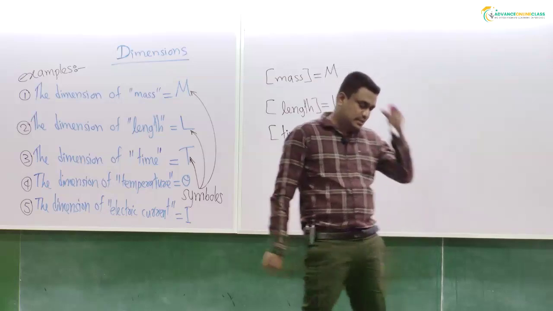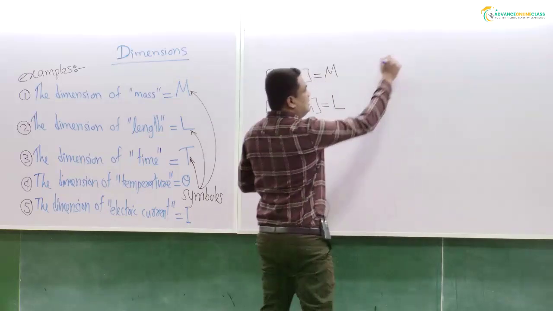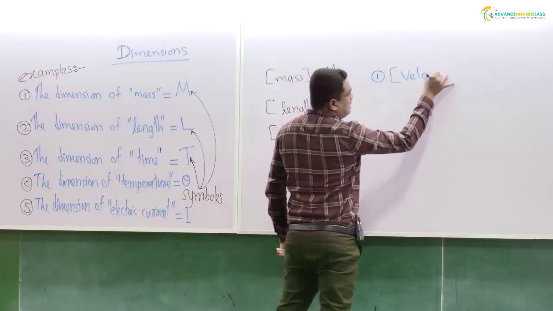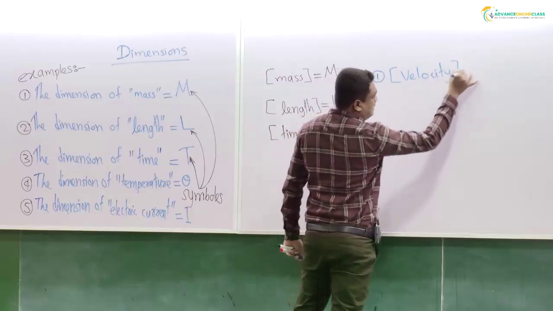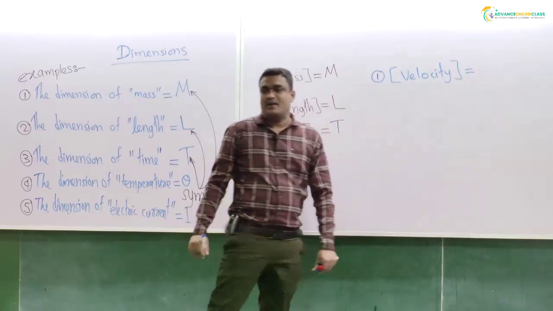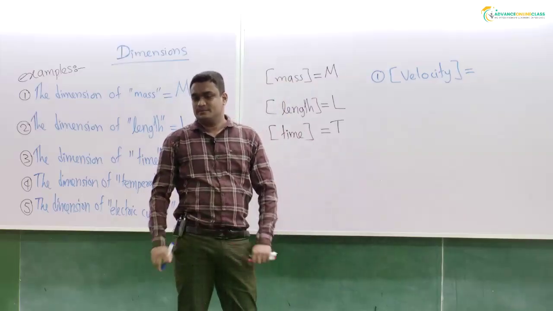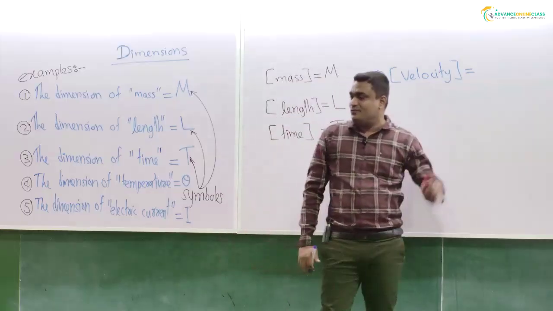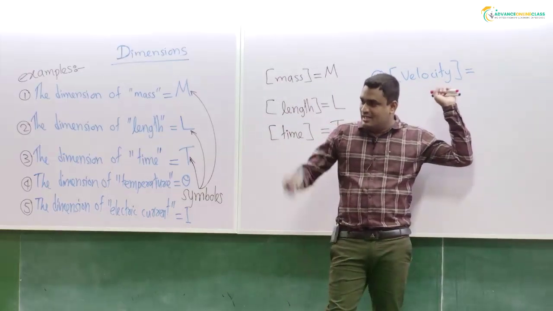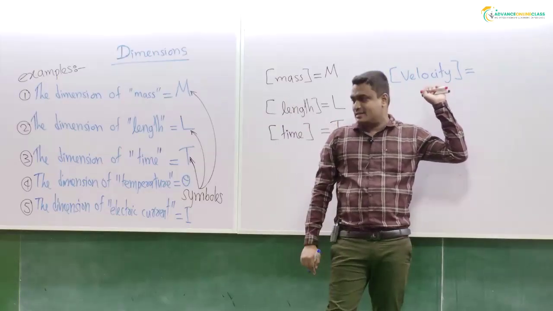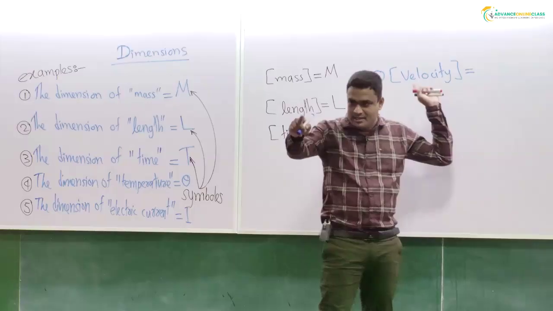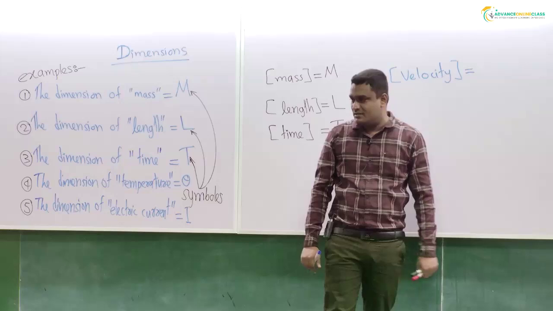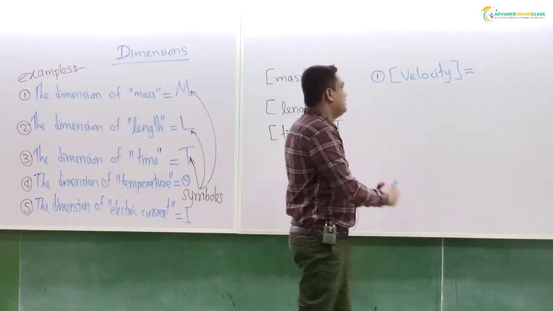Look at both. First one: if I write velocity inside square brackets, what does it mean? Dimensions of velocity. Got it? Right.